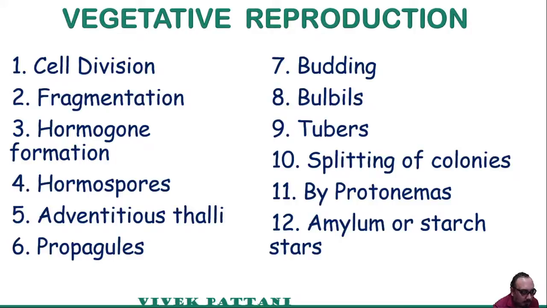So starting with the first one, I'm just going to give you some idea. The first one is cell division, which is usually found in the case of unicellular algae.